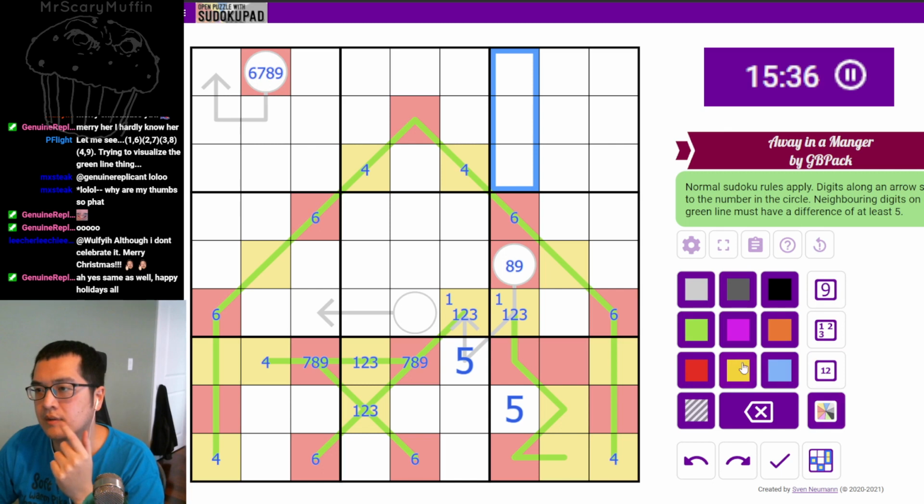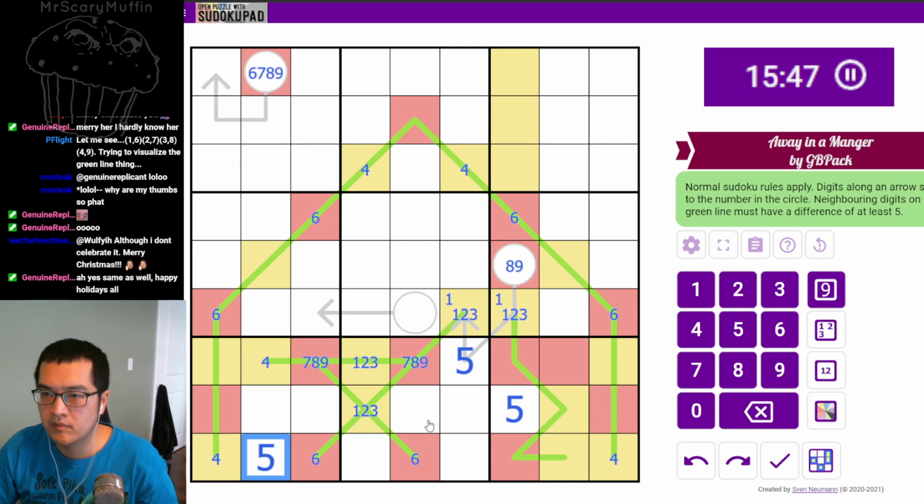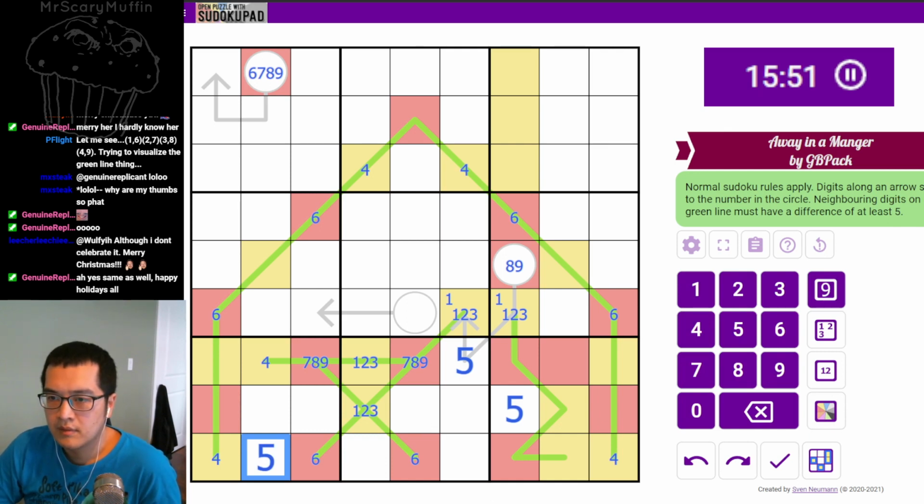These are all yellows, because we already have our 5. And this is a 5, because of our good friend Sudoku. And then now we know we have 3, so this is a red and yellow pair. Which means this is a red and yellow pair. Which means this is a red and yellow pair. That doesn't help us at all.